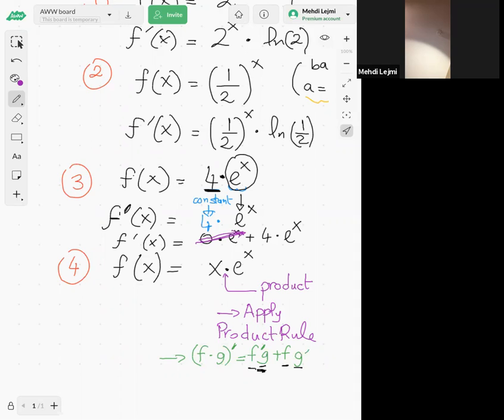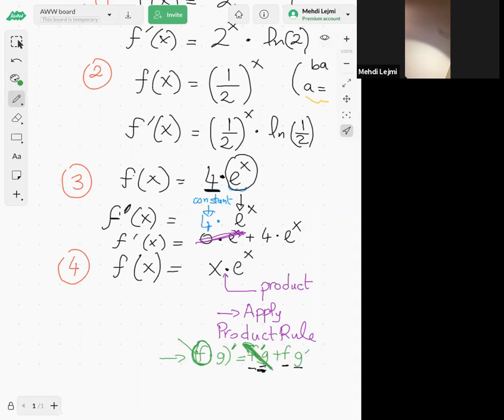So you see, when I say the derivative of a constant times a function would be the same constant times the derivative of the function, that's a consequence of the product rule. When you apply the product rule and your function f is a constant, then f prime would be 0, right? So if f prime is 0, then this whole thing here is 0.